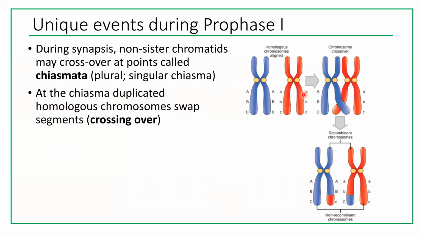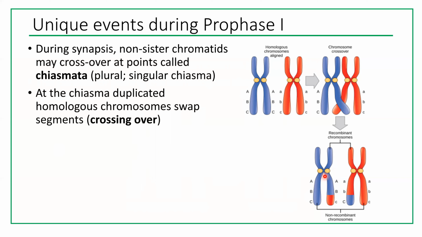Now, during this crossing over, they are synapsing, right? Those chromosomes synapse, they cross over, and they form this chiasmata. Now, what can happen? Those chromatids can switch their fragments. Look, my original chromosome over here was all dominant alleles.